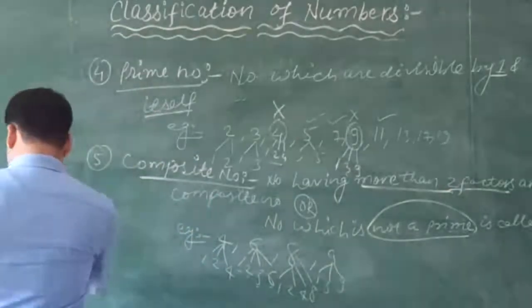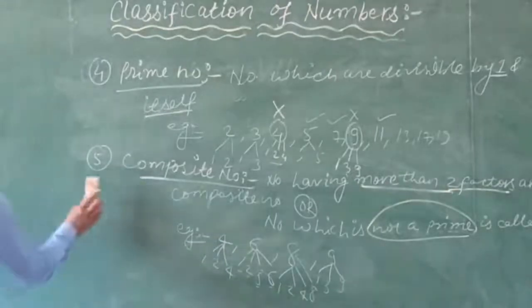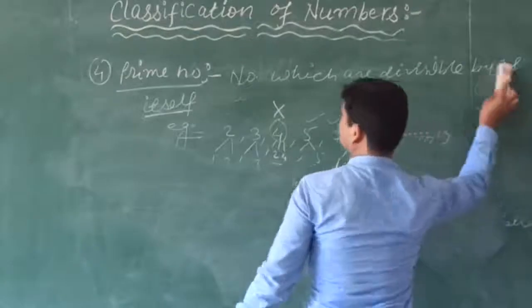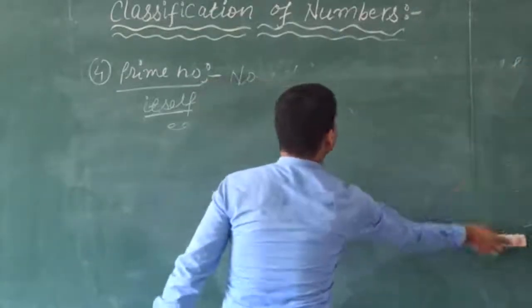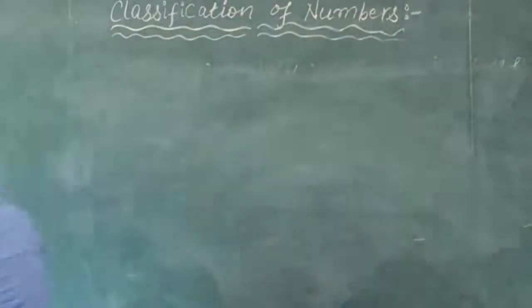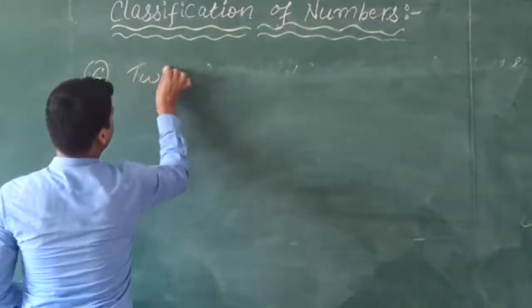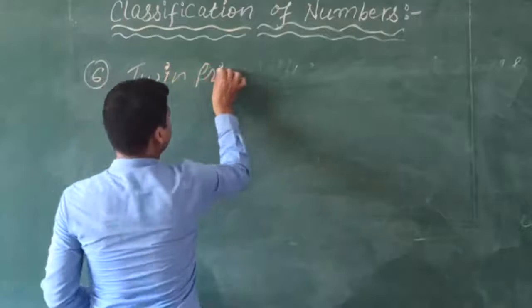Now see this here. Next is twin prime. Twin prime number. What is called twin prime?